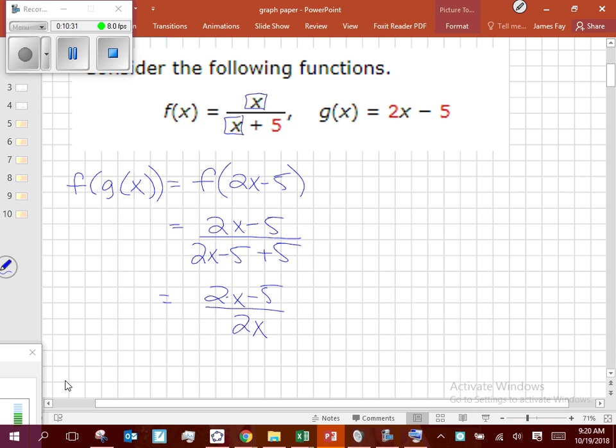Now, look at this input and determine the domain of that thing right there. Look at that input. Are there any problems there? Well, we said the domain of this function was all real numbers, right? The other domain had x cannot be negative 5.